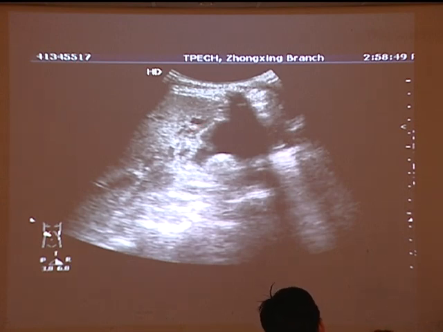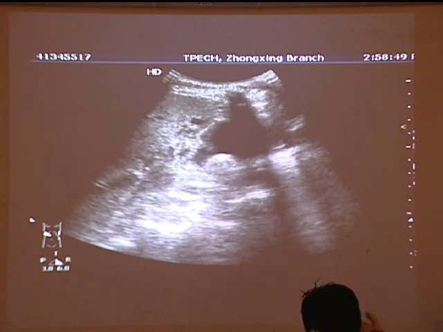So remember, there are some conditions that make the gallbladder wall thicken. For example, if the patient has ascites, congestive heart failure, or hepatitis, the gallbladder wall will be thickened, but it is not acute cholecystitis.